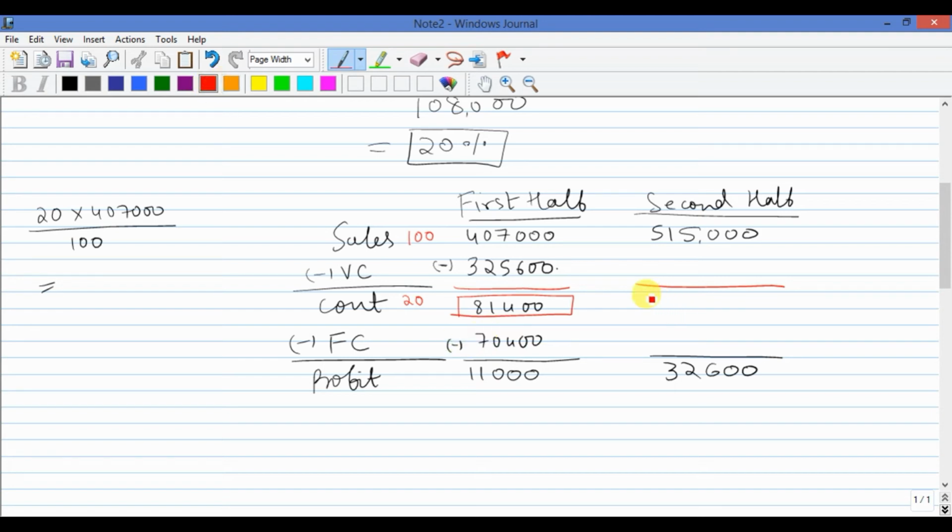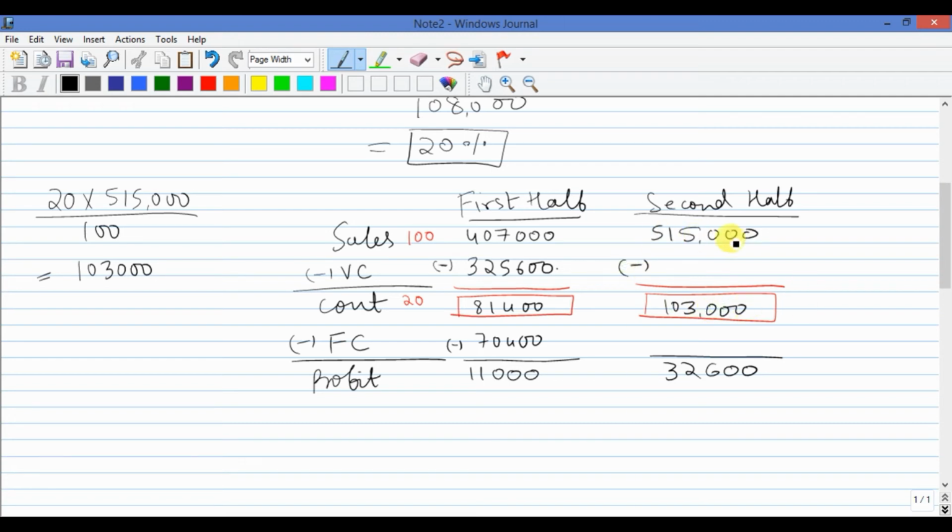Similar working we are going to do over here. Again 20 multiplied by 5,15,000 and divided by 100 will give me contribution, which is 1,03,000.